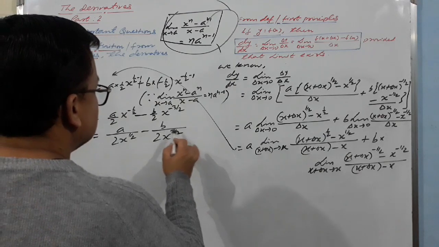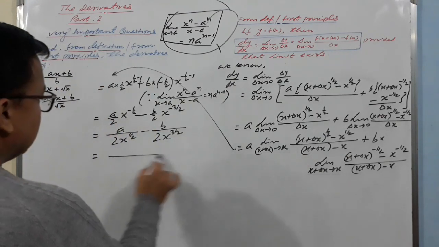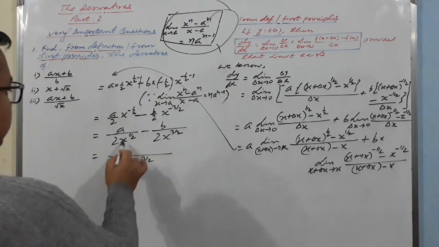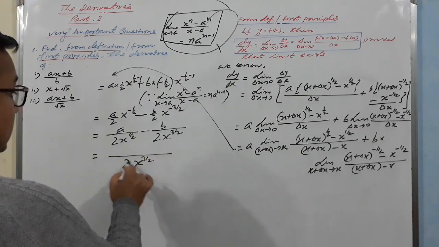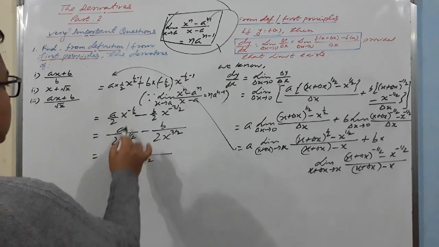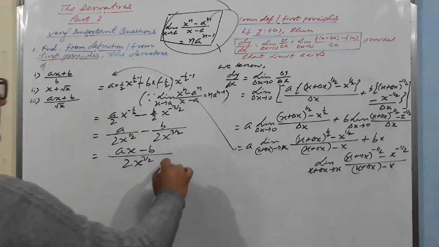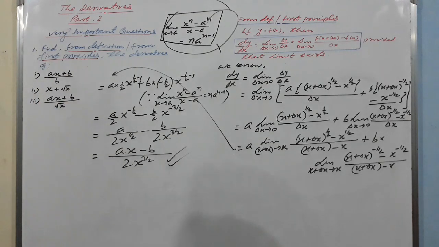By the law of inverse, the power becomes positive. Now we'll take the LCM. The LCM is 2 times x to the power 3 by 2, and x times this means x to the power 3 by 2, so here we need only x: (ax minus b). So this is the derivative of this function with respect to x.